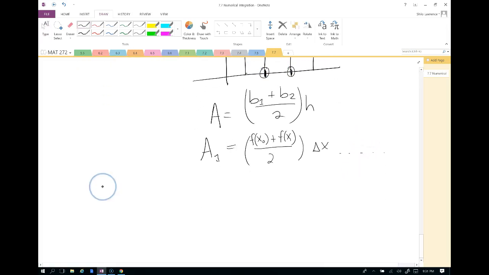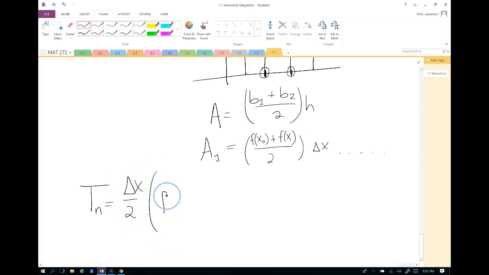So the trapezoid formula, we would call it T sub n. You use delta x, because that is the height for our trapezoids. And then we just go ahead and pull that divide by 2 out. So I'm going to say delta x over 2.